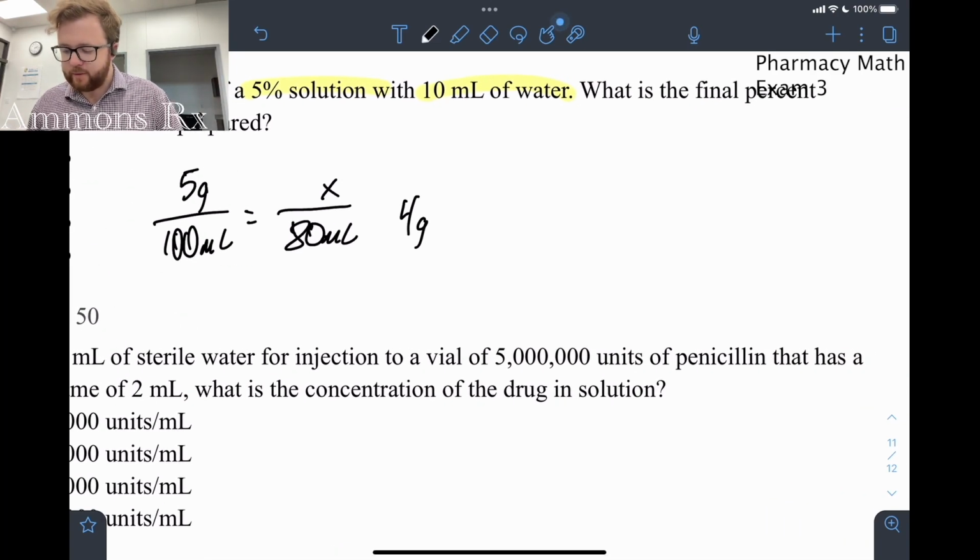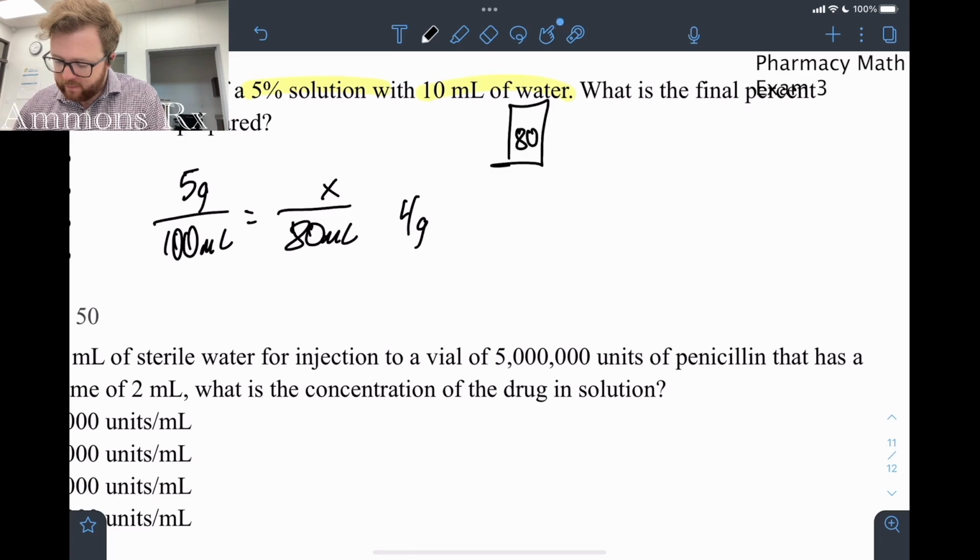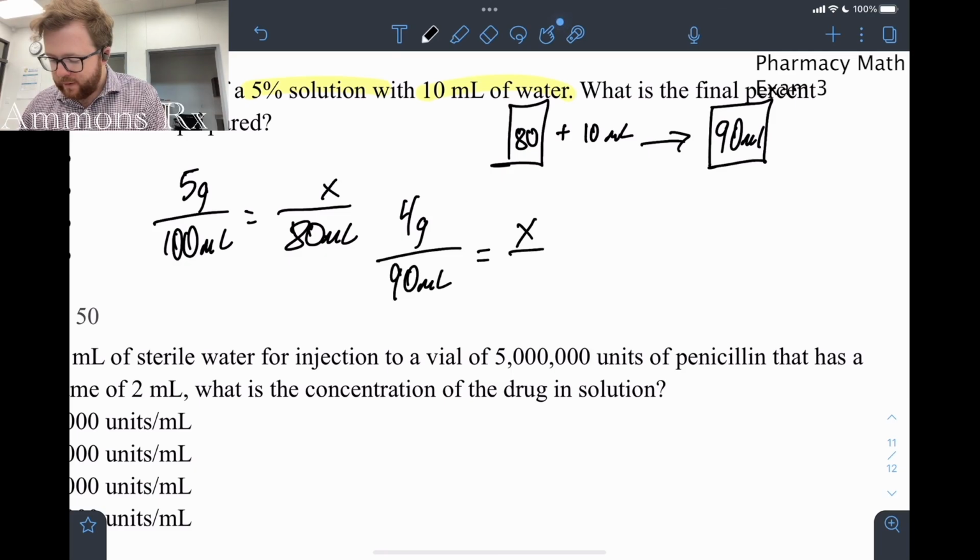You're mixing it with 10 mils of water, so you're adding to your 80 mils: 80 plus 10 turns into 90. So your 4 grams is now over 90 mils. What is the percent strength? 4.4%.